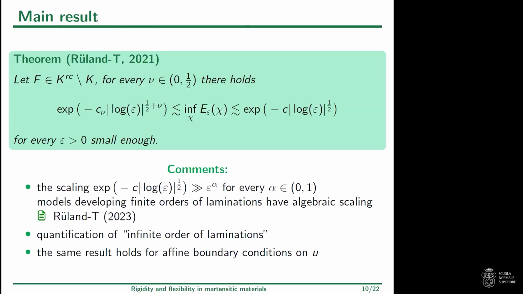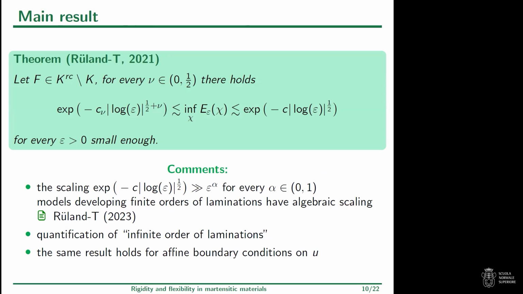And this is finally our result, with Ancana. This F came back, but who cares? This is for every average gradient constraint in the rank 1 convex hull that is non-trivial. We have proved a scaling law, upper and lower scaling bounds of this nature: an exponential of minus a log epsilon to the power 1 half, up to a constant.